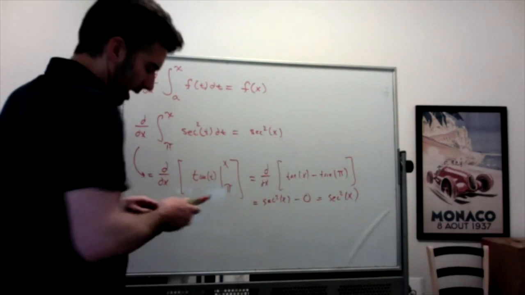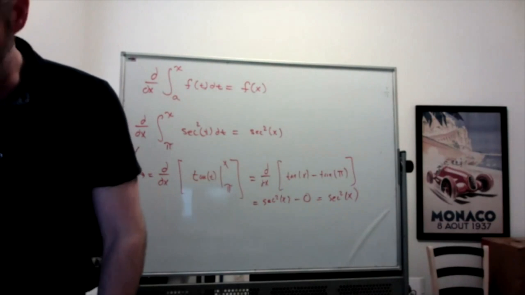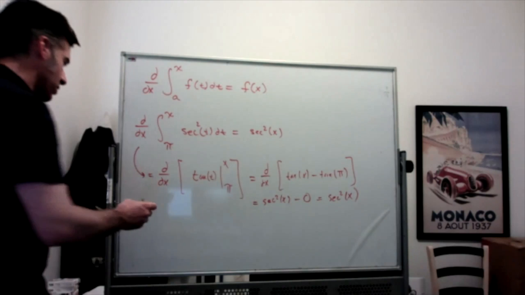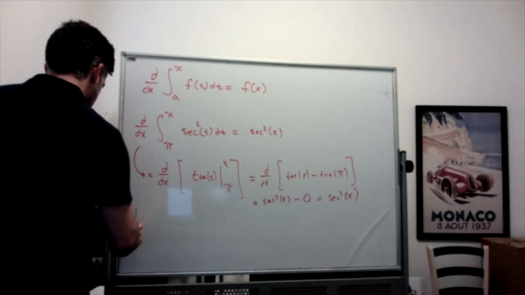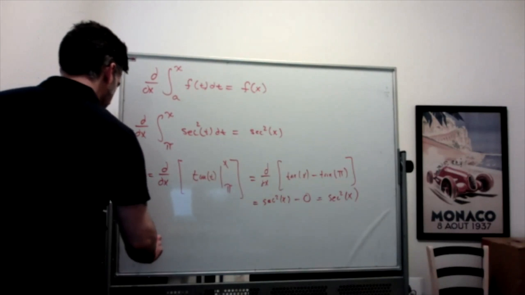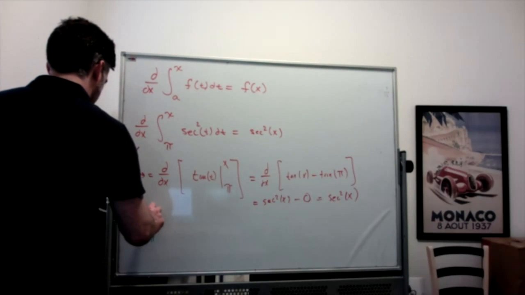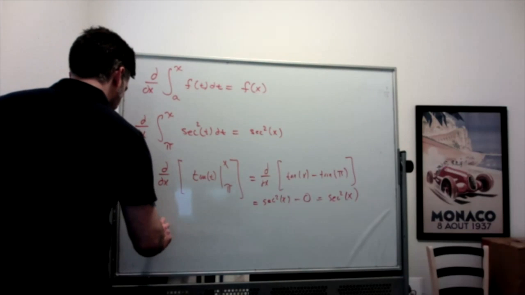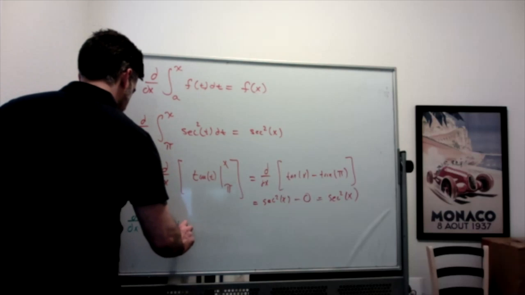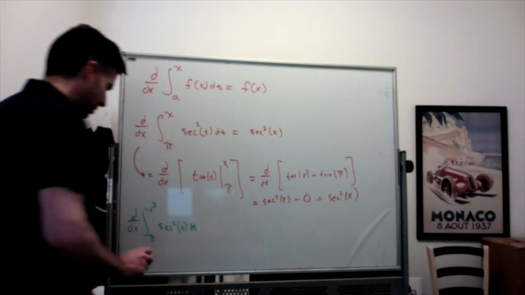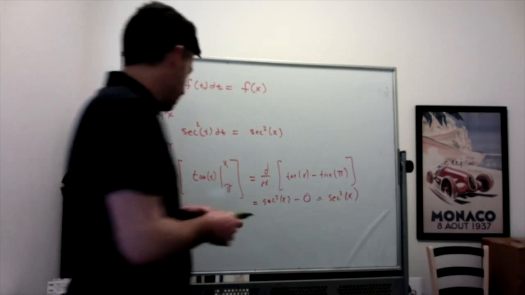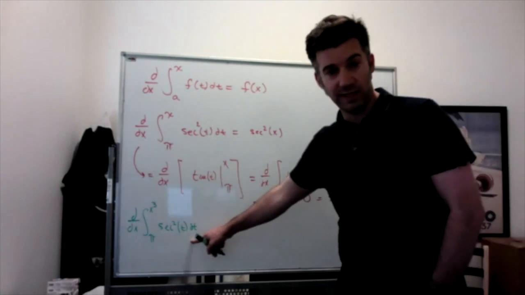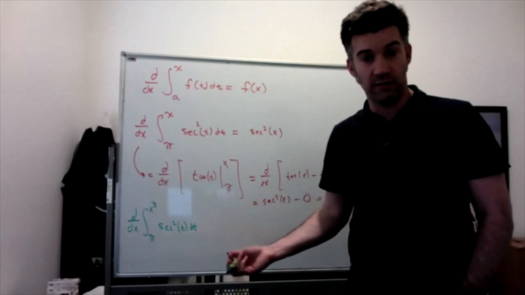Meaning, let's look at this question. Let's look at the derivative of the integral from pi to x cubed of secant squared of t. And now let's do it the long way. So again, we know that the antiderivative of secant squared of t is tangent of t.